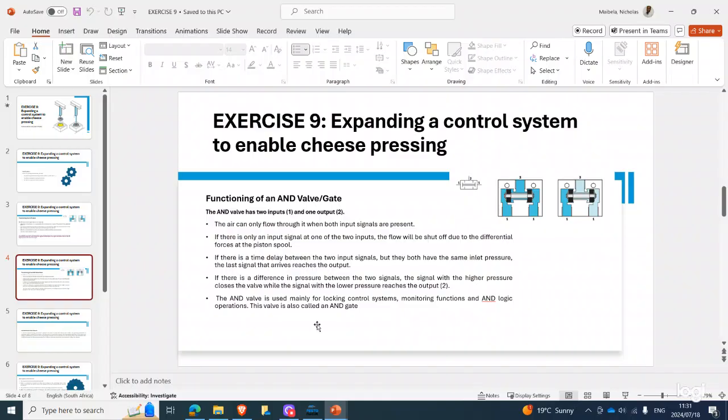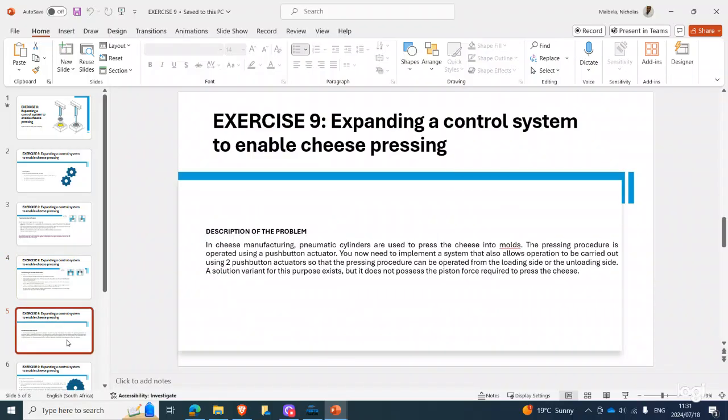You can press one and then the other, and as soon as the last one is pressed, air will go through. If there's a difference in pressure between the two signals, the signal of the higher pressure closes while the signal of the lower pressure reaches the output. The AND valve is mainly used for locking control systems, monitoring functions, and logic functions.